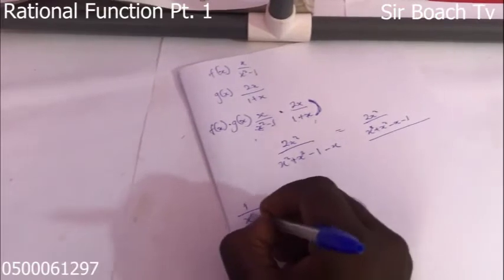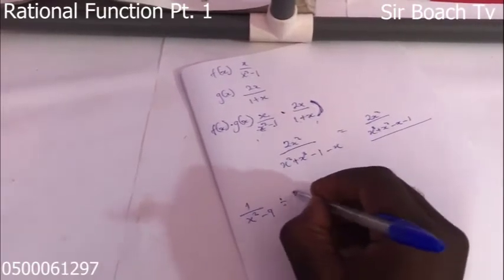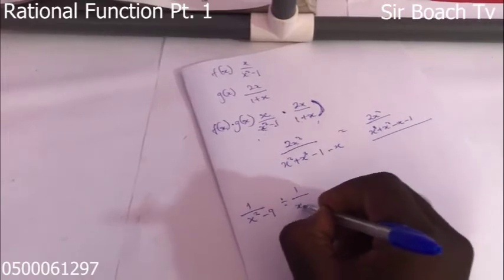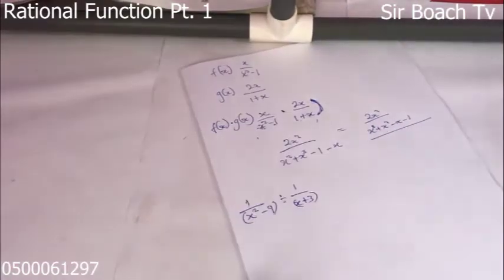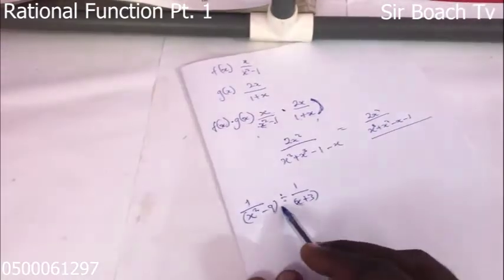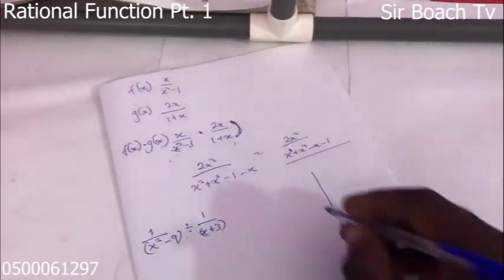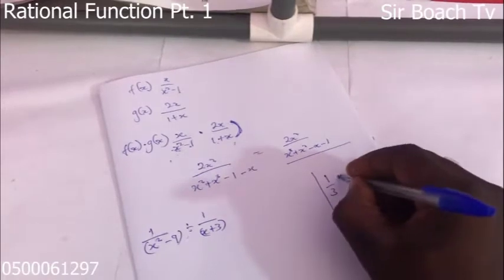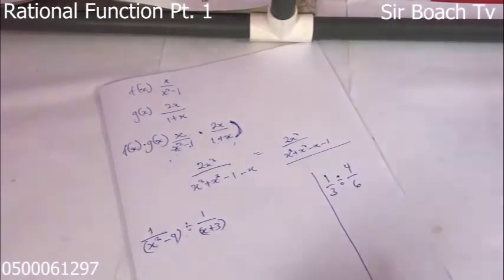So we have 1 over x squared minus 9 divided by 1 over x plus 3. So we have this to simplify. Now, because it's a division, you see when we are solving maths and we come across 1 over 3 divided by 4 over 6, what do we do? We reciprocate this one.